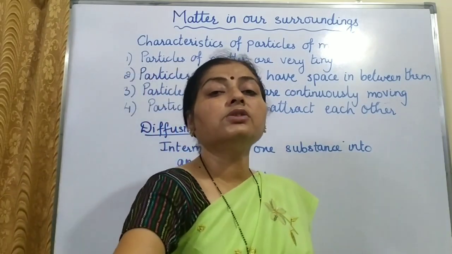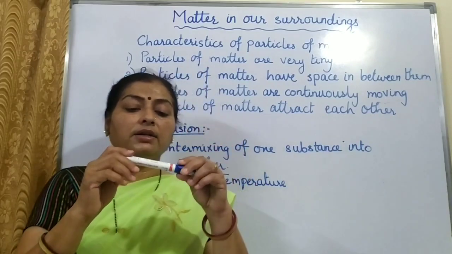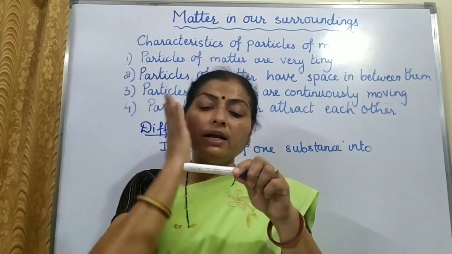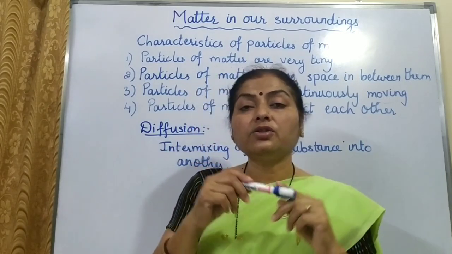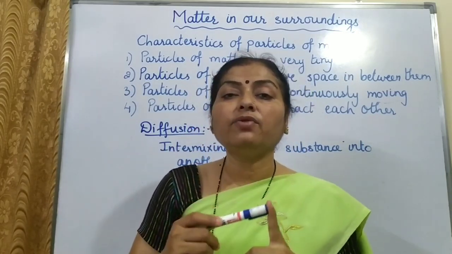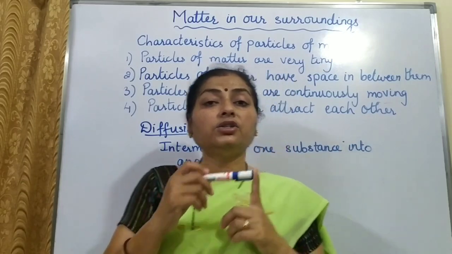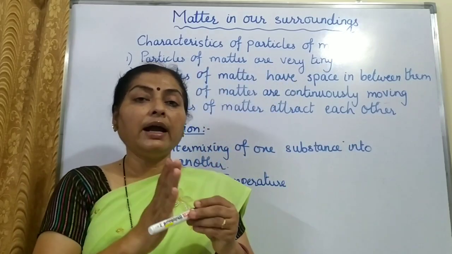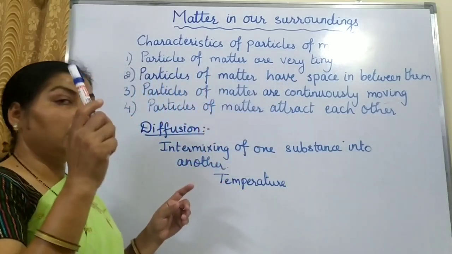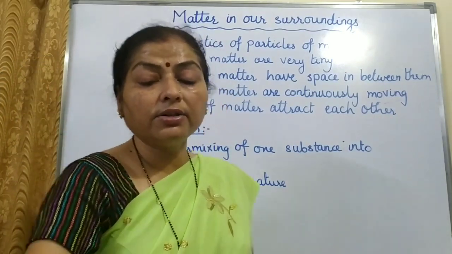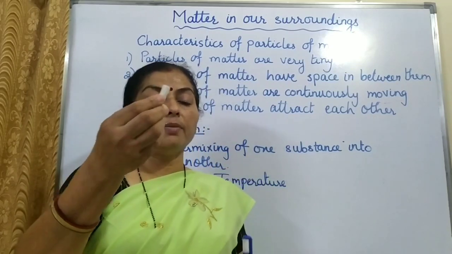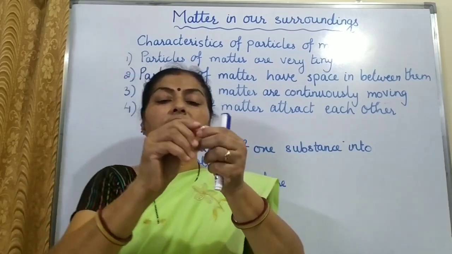But if it is a solid substance like this marker, I can't move my hand inside this pen. Why? Because in solids the interparticle force of attraction is very strong, so I can't move my hand. So the force of attraction between the particles of a solid is the highest. Then among solids also, suppose I have a piece of chalk, I can easily break it.